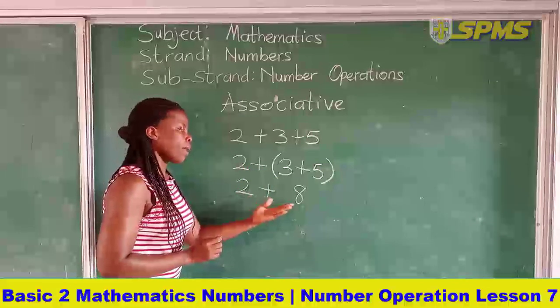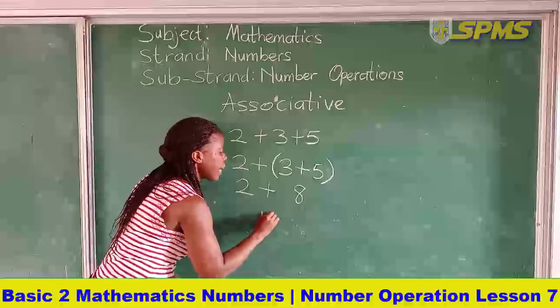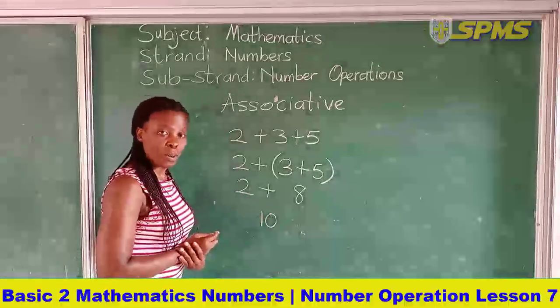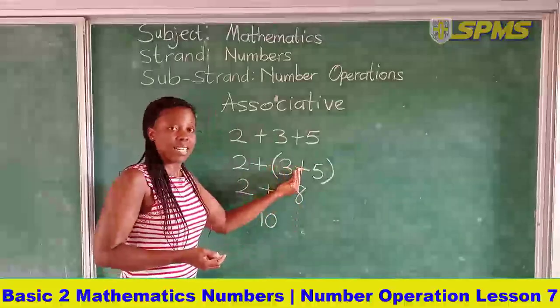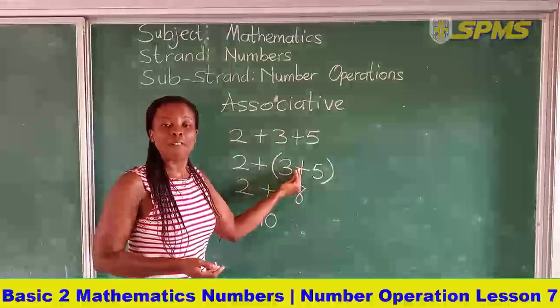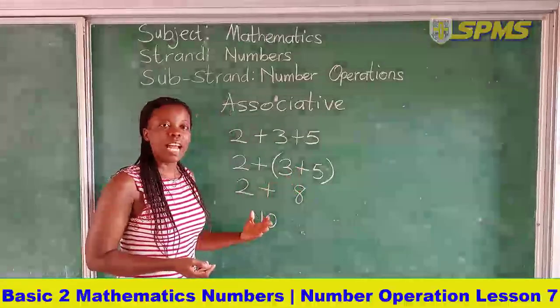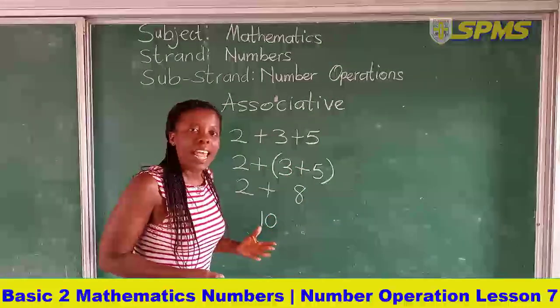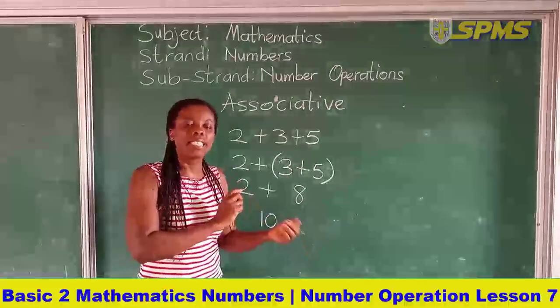So 2 plus 8 is now going to give you 10. So putting any number in a bracket will not affect the what? The sum. It wouldn't affect it because they have a connection to the number outside the bracket.